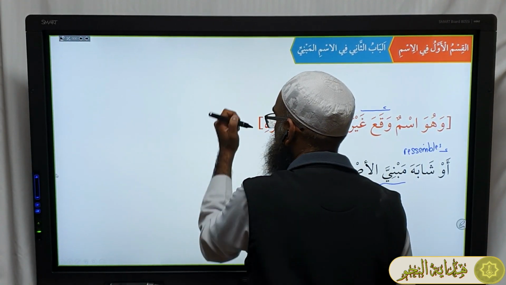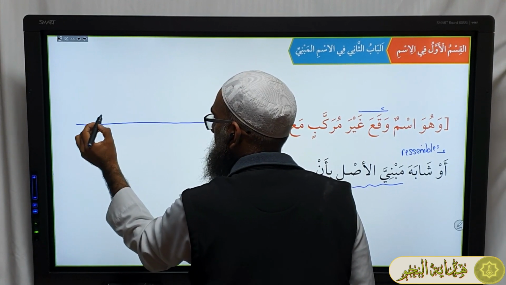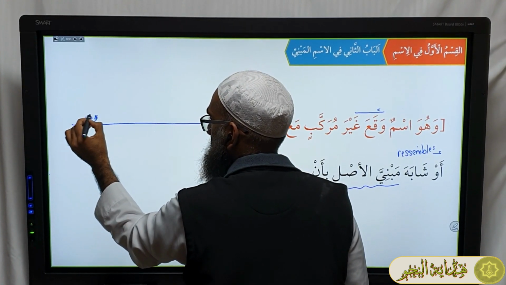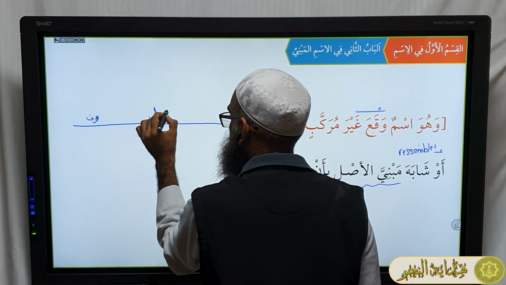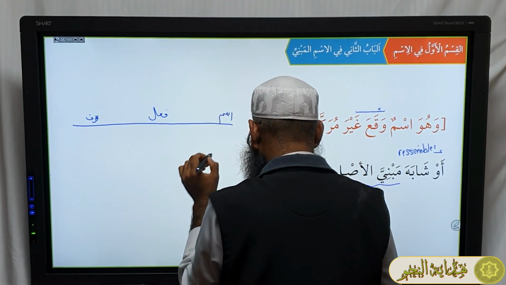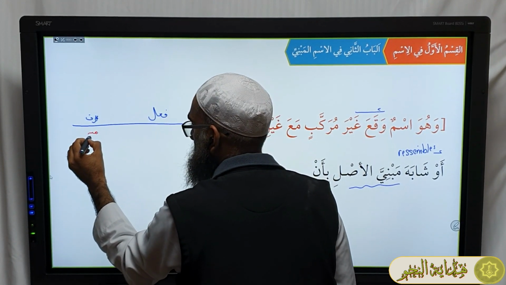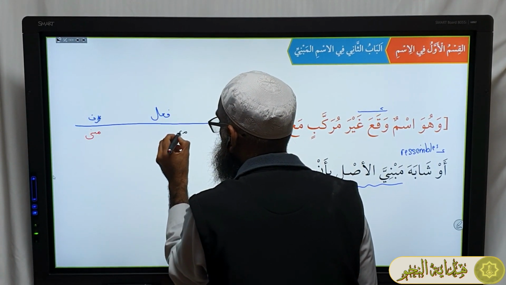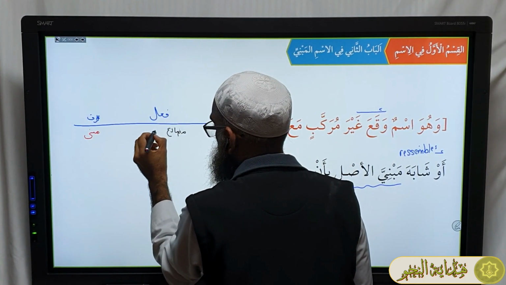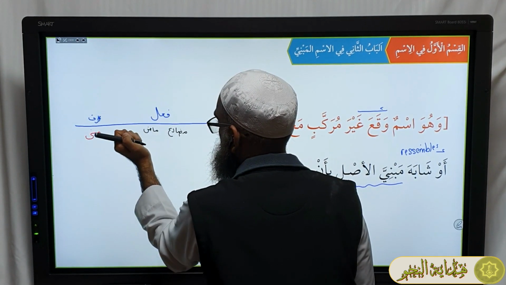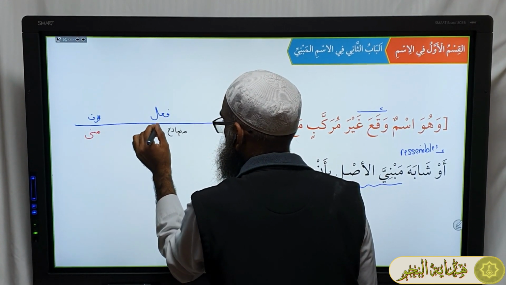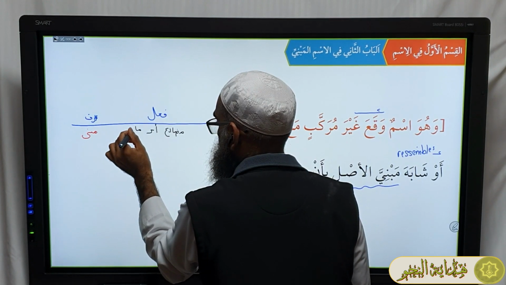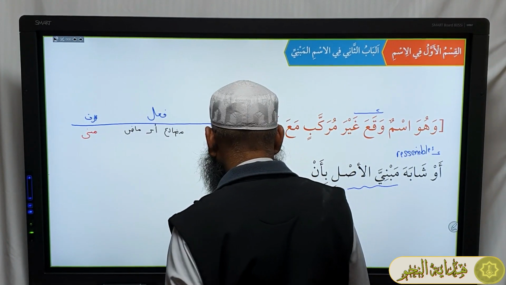So because of fa'il mudari', let's make this in a proper table. So let's say here we have a table. We have the three types of words: harf, fa'il, and ism. So this is going to be mabni. Then in here we have mudari', we have madi. Let's put amr first. Amr and madi.